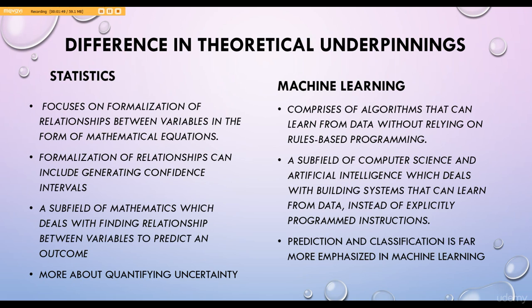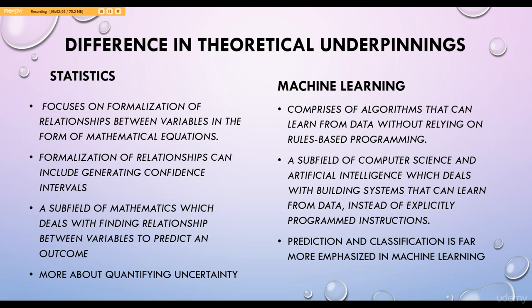Statistics is a subfield of mathematics which deals with finding relationships between variables to predict an outcome. On the other hand, machine learning comes from computer science and artificial intelligence, and this deals with building systems that can learn from data instead of following explicitly programmed instructions.